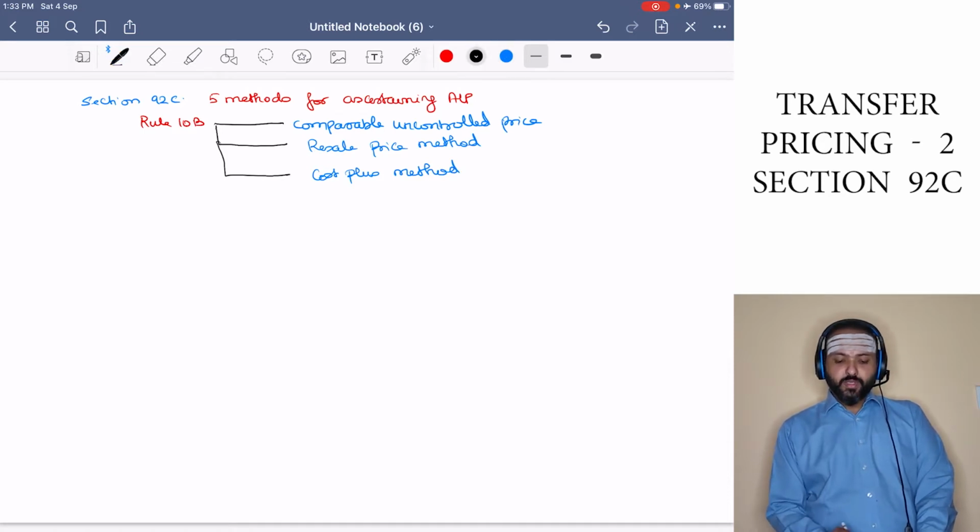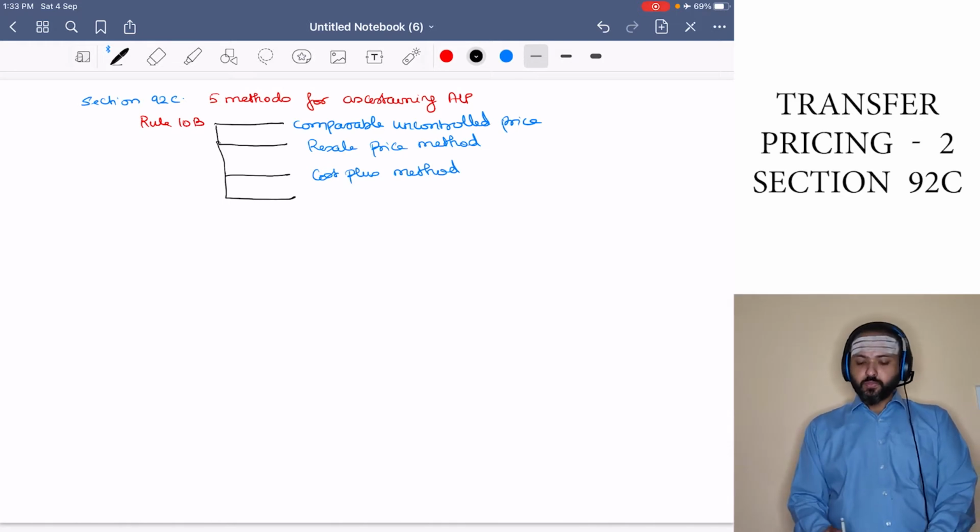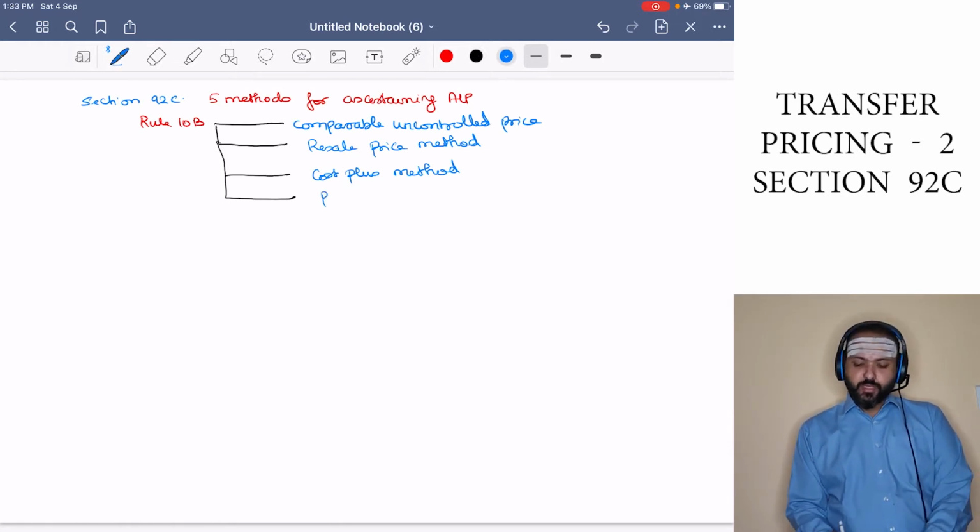Then the fourth method that is prescribed is going to be the profit split method. And then finally, the last method prescribed is the transactional net margin method.